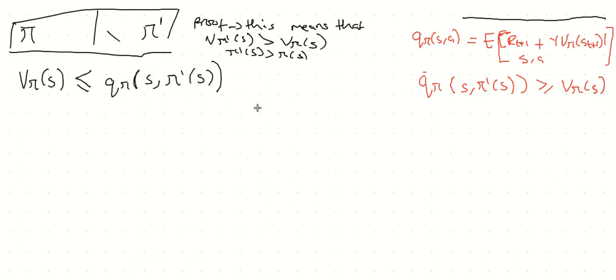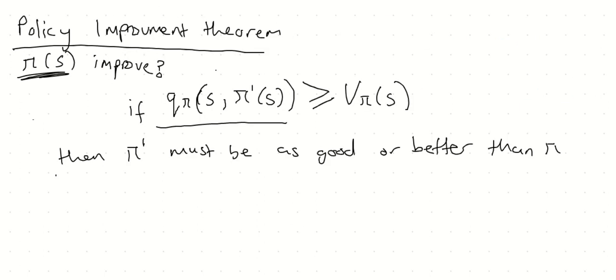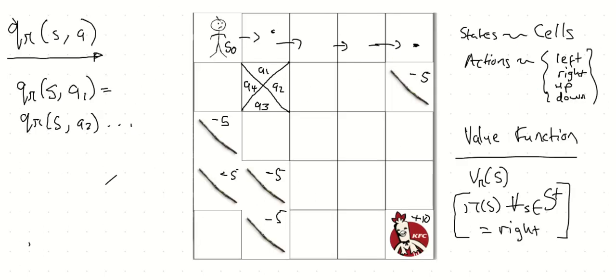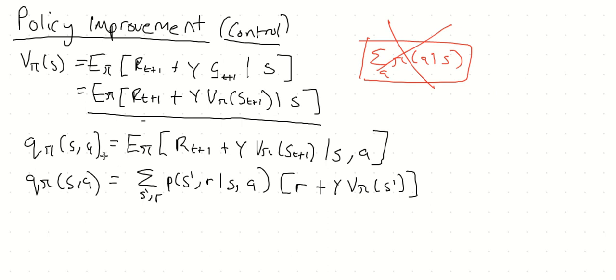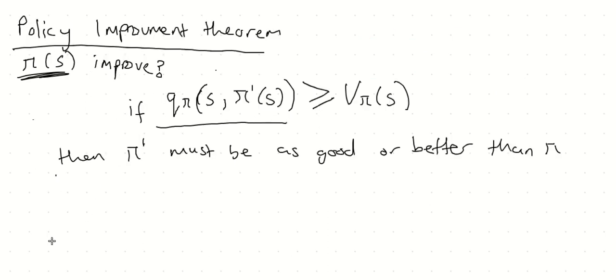If you're not interested in this proof, you can skip over it, but for those that are interested, I'll keep going. Just take it as is that this policy improvement theorem works, that Q pi of s comma pi prime of s is greater than or equal to V pi of s.